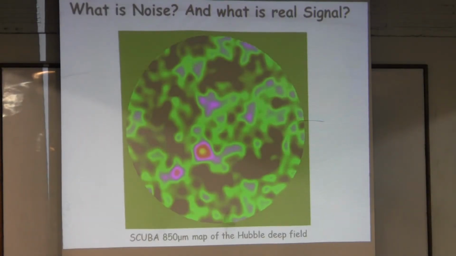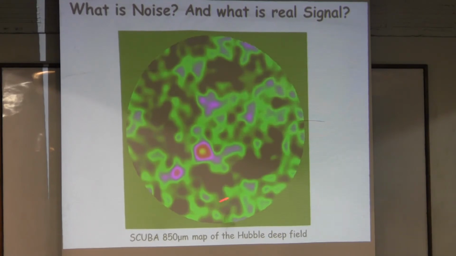This is a typical image of SCUBA, a millimeter instrument on the JCMT, the James Clerk Maxwell Telescope, which is on Mauna Kea in Hawaii. It operates at very long wavelengths, 850 micrometers, so although it's a large telescope, it will not provide very sharp images.